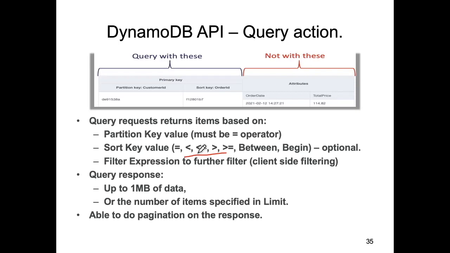So you can use these operators in your expression of the sort key values that you're interested in retrieving from the query. Or if the sort key is a string, then you can specify a begins with operation on it.